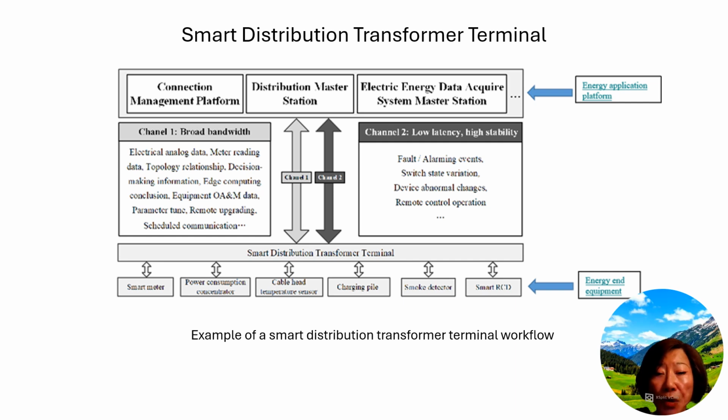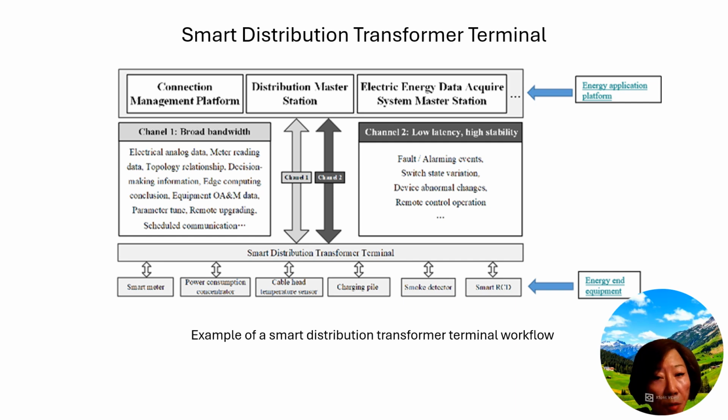Generally, the connections between the Smart Distribution Transformer Terminal and the Energy Application Platform are facilitated by the 5G system. Additionally, the connections between energy end devices and the Smart Distribution Transformer Terminal may also be provided by the 5G system.